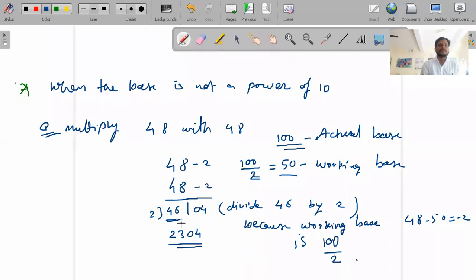That's why, to the left-hand side, whatever number is coming, you have to divide that number by 2. This is working with a base which is not a power of 10. Any doubt? So this is the square, you can check.